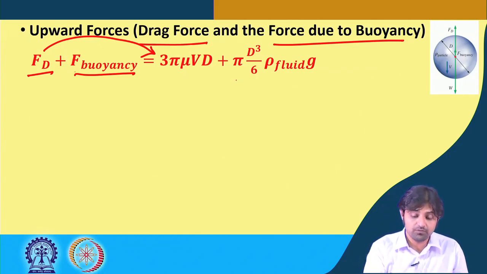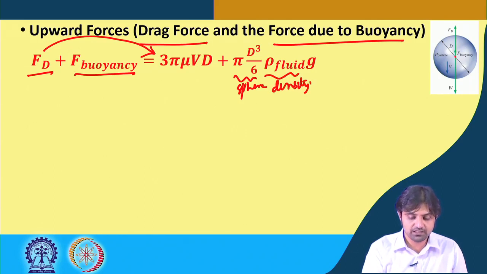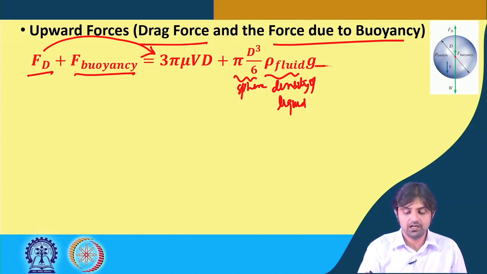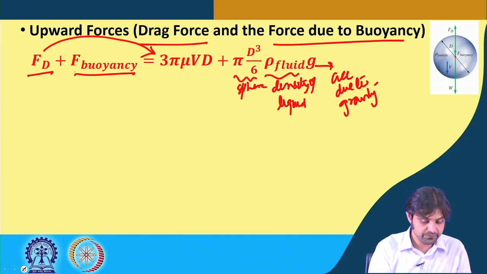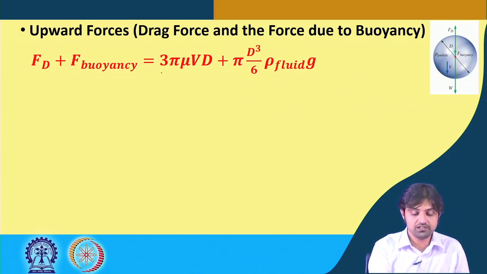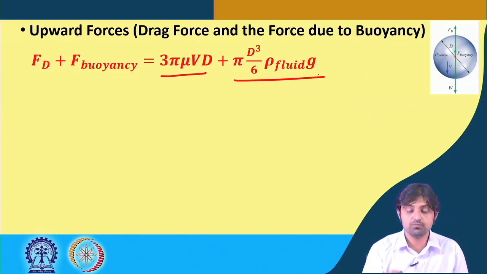The weight of the liquid displaced will be the volume of the sphere into the density of the liquid, that is what we have written, rho fluid, and g is the acceleration due to gravity. All right. So, Fd plus F buoyancy is 3 pi mu Vd plus pi d cube by 6 rho fluid into g.